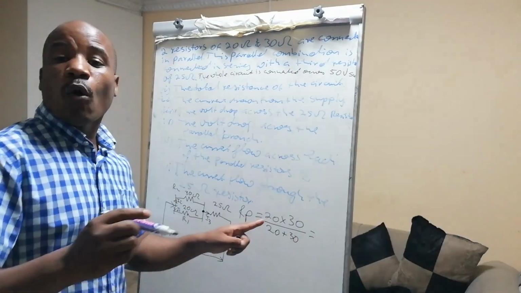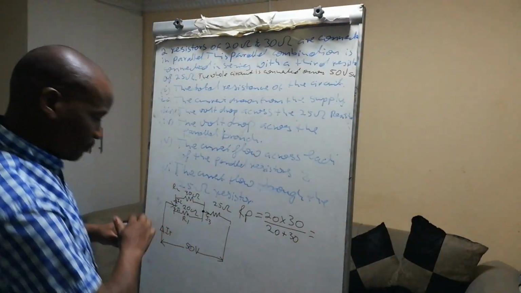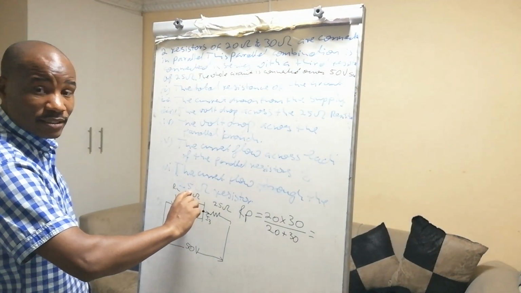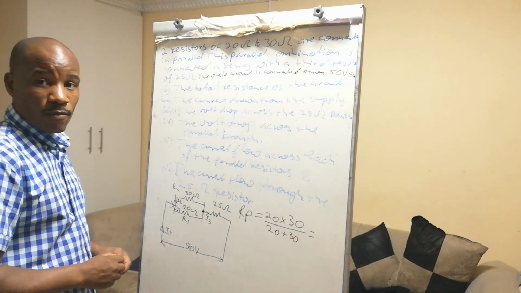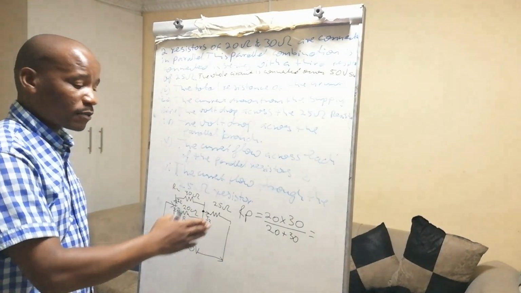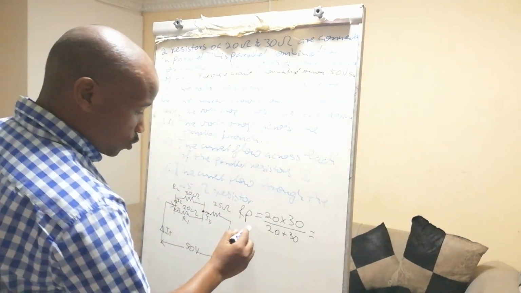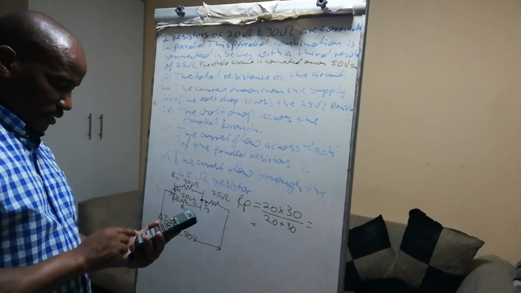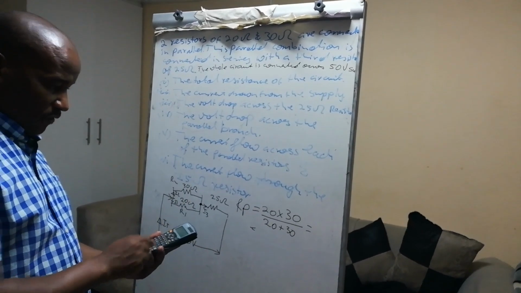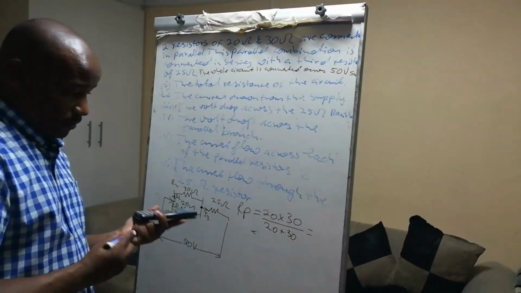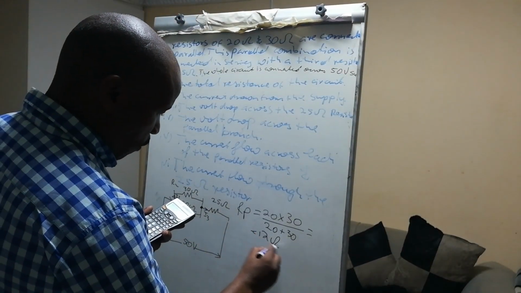Only for the two resistances in parallel, not in series. Or you can follow the old method of 1 over Rp equals 1 over R1 plus 1 over R2. 20 times 30 is 600, divided by 20 plus 30 is 50, equals 12 ohm.